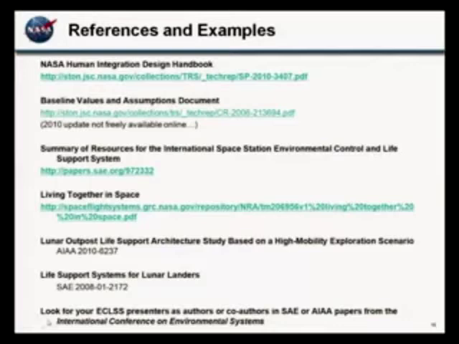A lot of the NASA life support community publishes updates at the International Conference on Environmental Systems. It was an SAE conference for a long time. Now it's AIAA. This one's actually a paper I wrote about lunar lander issues.